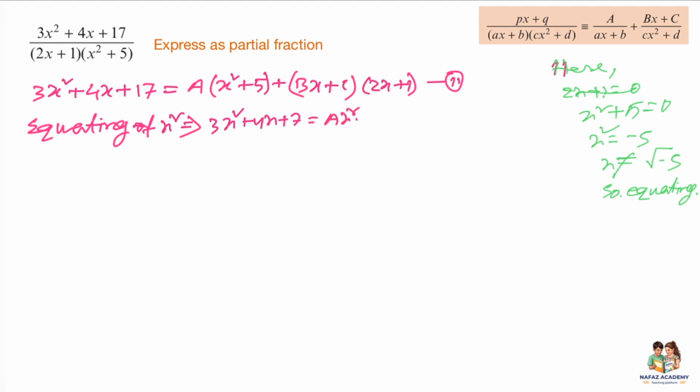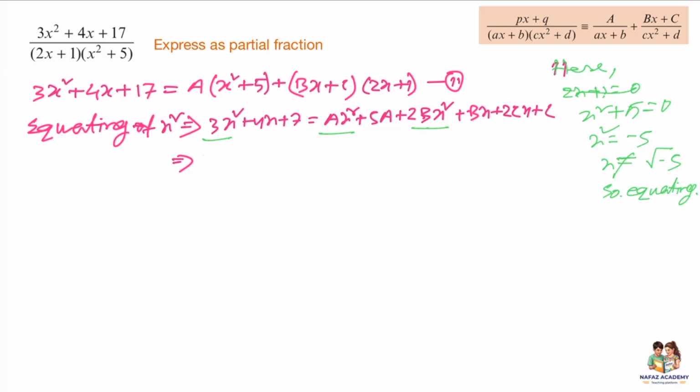So at first write the left side as it is, and expand: Ax square plus 5A. It is not necessary to show all the expansion, just expand the x square part, but I am showing you to understand.